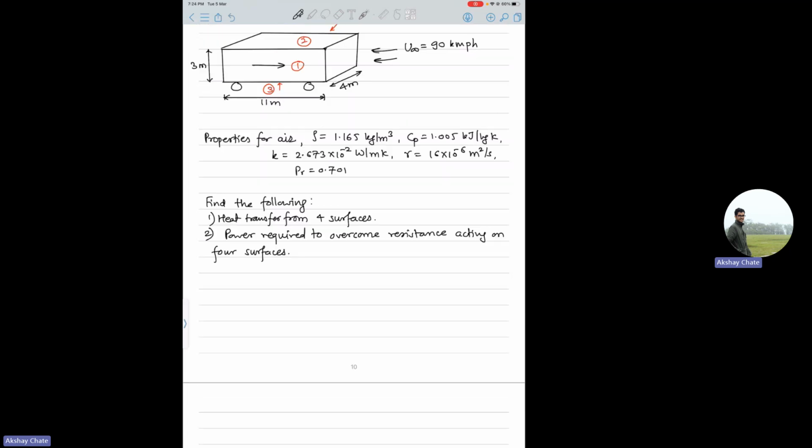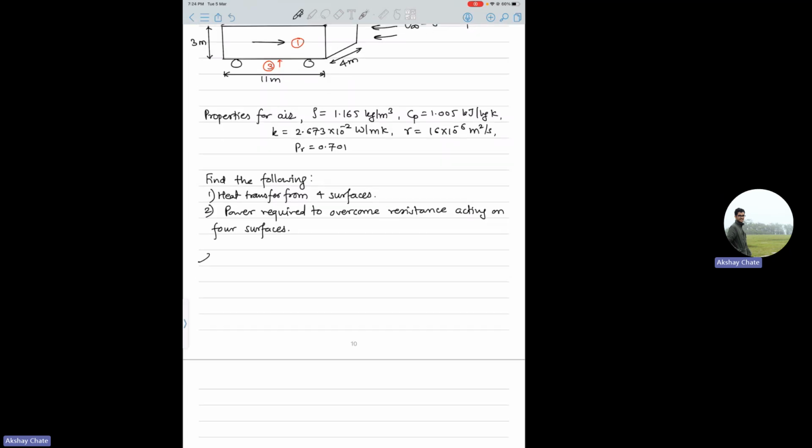So now, first of all, what you do, you go and check the Reynolds number first. Let's say we'll check for the whole length.